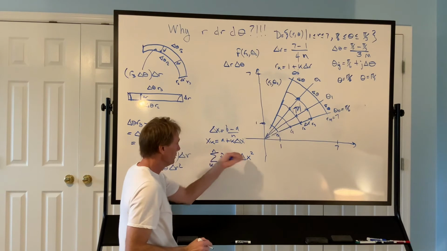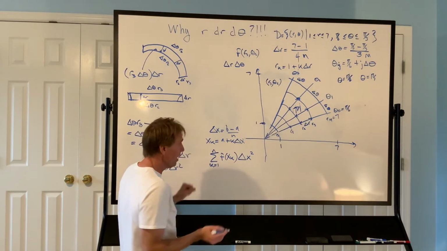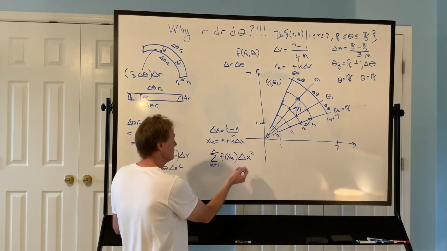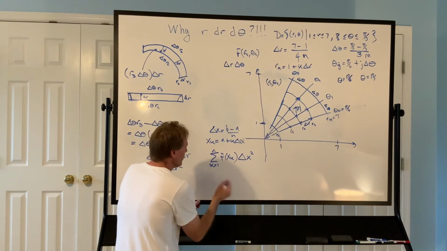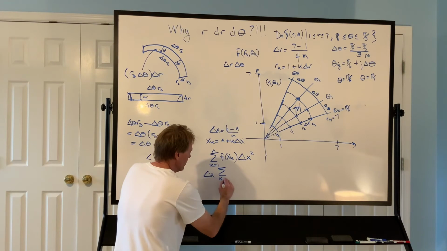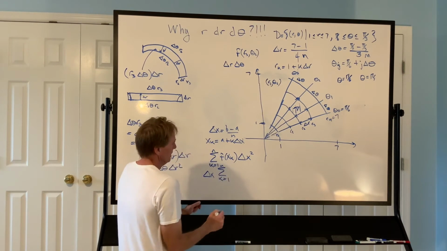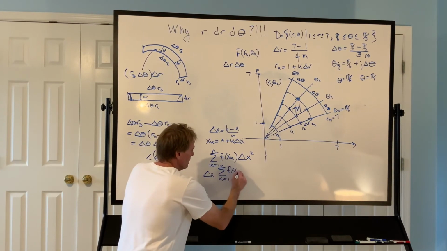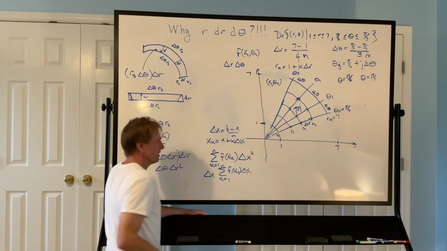In the summation, the delta x can be thought of as a constant. So I've got a delta x squared, which is delta x times delta x. So I can view this as pulling one of these out of the Riemann sum for each n, times f of x_k times delta x.